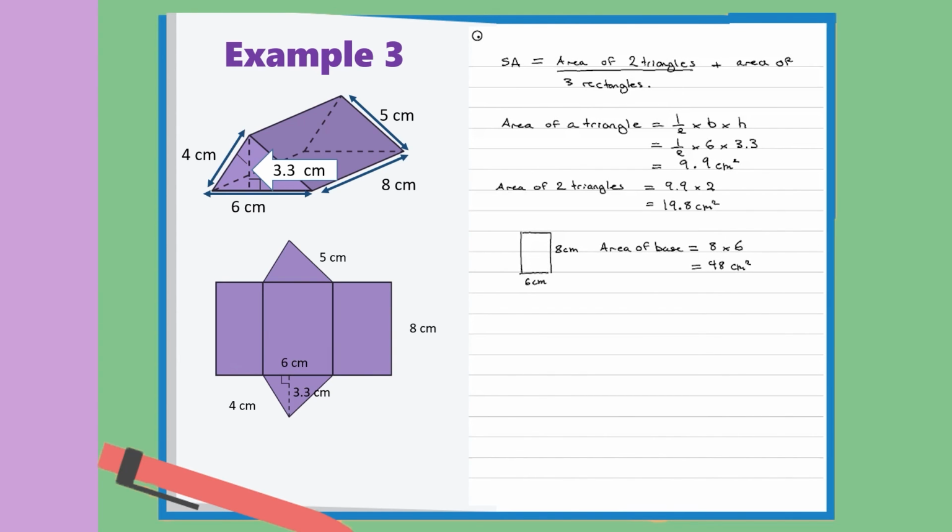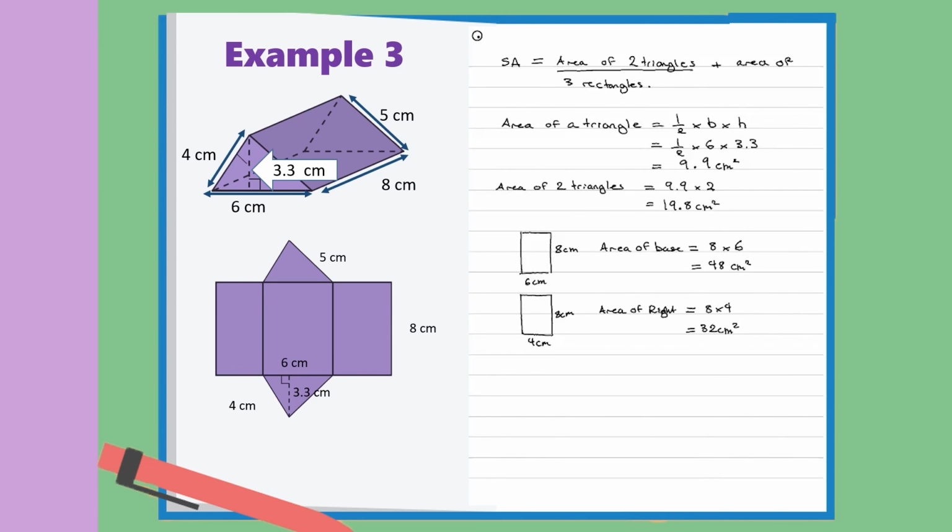So let's do the one on the left. On the left-hand side, the length is 8 centimeters and the width is 4 centimeters. So the area of the left rectangle is going to be equal to 8 times 4, which is equal to 32 centimeters squared.